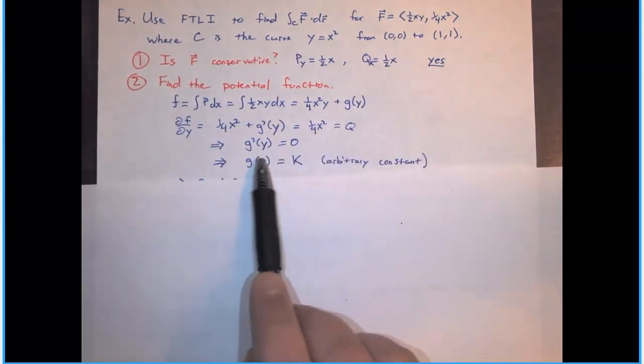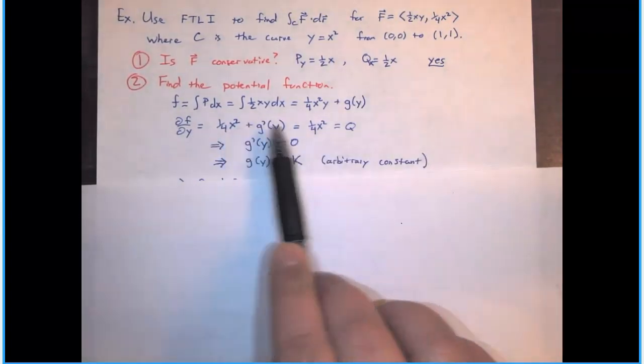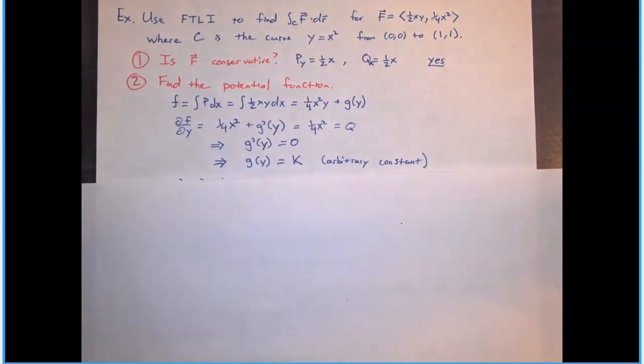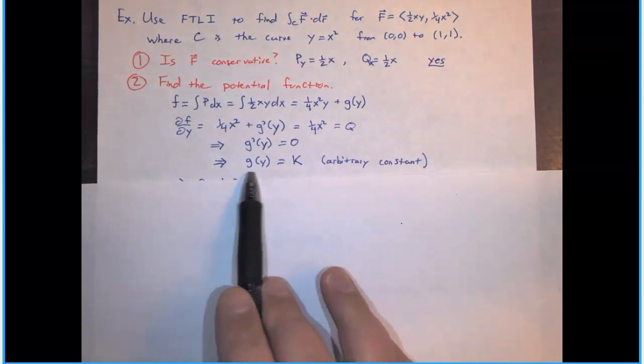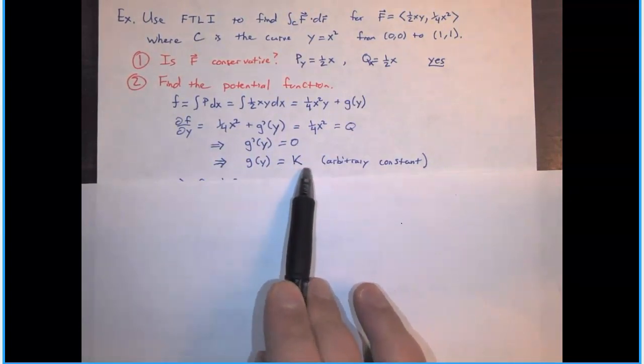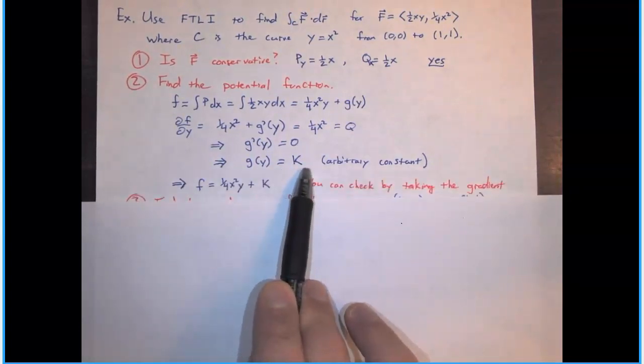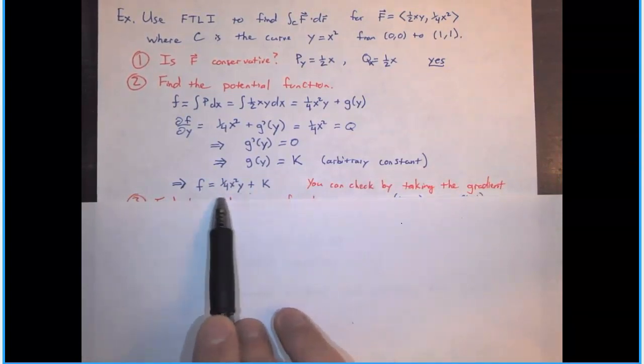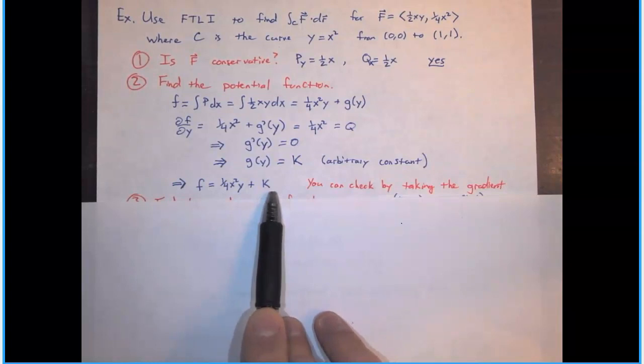But this shows me that g prime of y is 0. If I cancel out this 1/4 x squared, all I'm left with is g prime. Well, if the derivative of this function is 0, that means the function itself was a constant. So g of y is just an arbitrary constant, and here is my potential function. f is 1/4 x squared y plus k, some arbitrary constant.